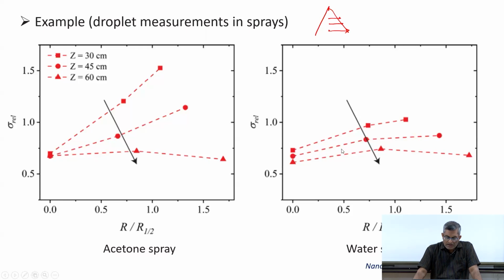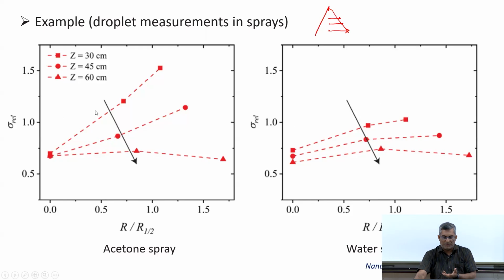And interestingly, here we compare the tendency for a water spray and an acetone spray. In the water spray, the evaporation is negligible compared to the acetone spray, because acetone has high vapor pressure, so it immediately evaporates as soon as you bring it to atmospheric condition. So this also shows the role of evaporation on clustering, which is not easy to explain.